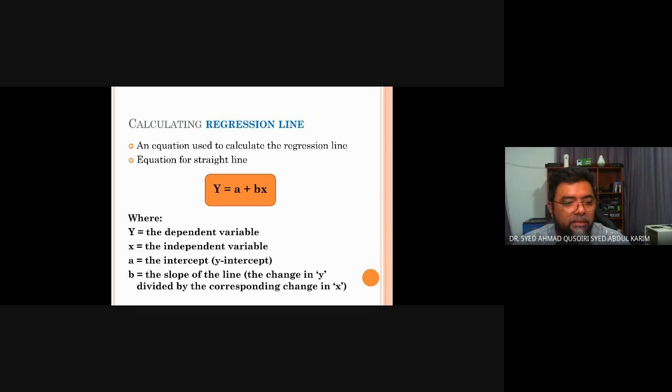So y is the dependent variable, the variable that we want to observe. a is the interception, b is the slope of the line and x is the independent variable. So basically y equals mx plus c.